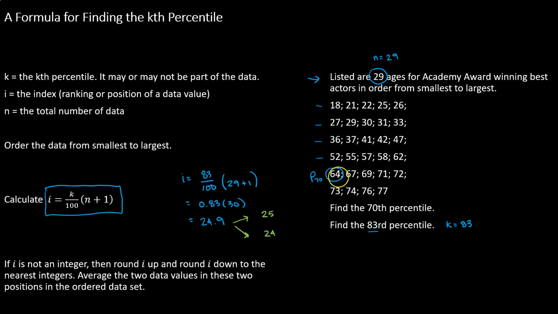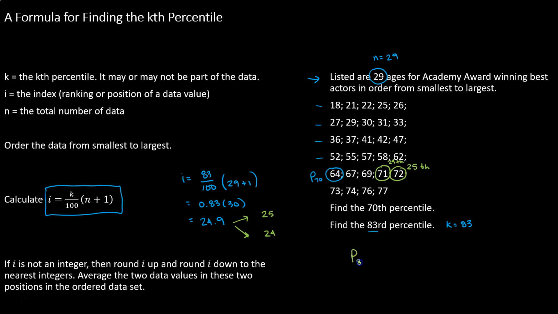We know that 64 was the 21st data value, so we can conclude that 72 is the 25th data value, and therefore 73, whoops, wrong direction. I don't want the 26th, I want the 24th, and the 24th data value is 71. We need to average these two values to find the 83rd percentile.